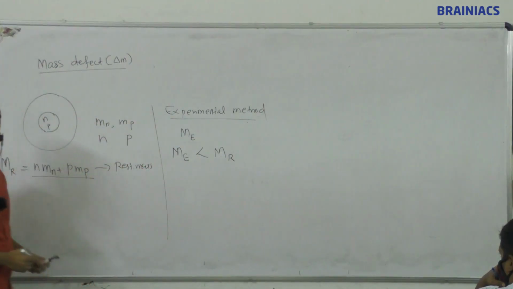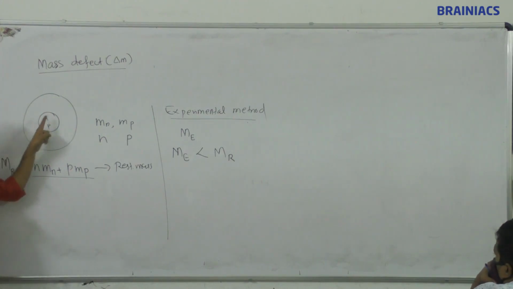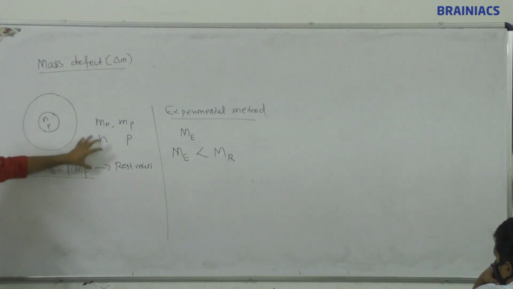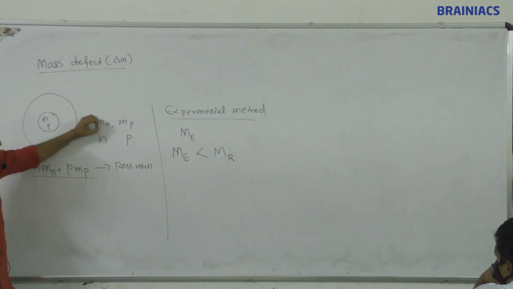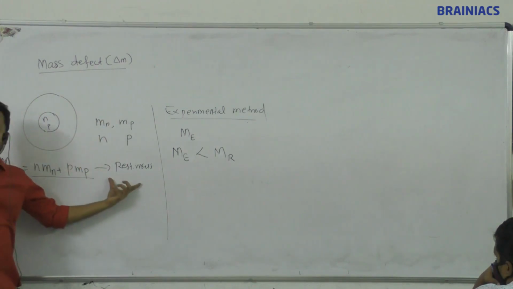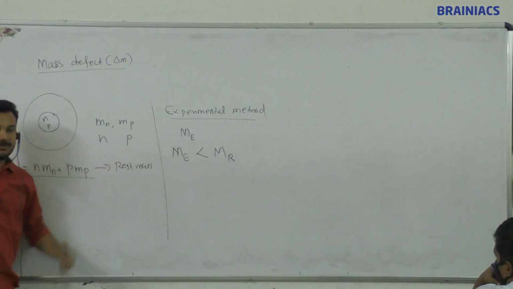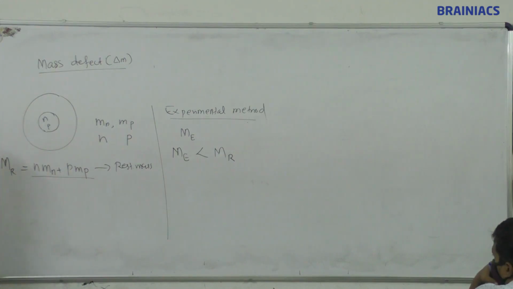Why is there a difference? Because here there are n number of neutrons and p number of protons. One neutron has this much mass, one proton has this much mass. If you add all of this we get a mass, and this mass should match your experimental mass. But the experimental mass is less.